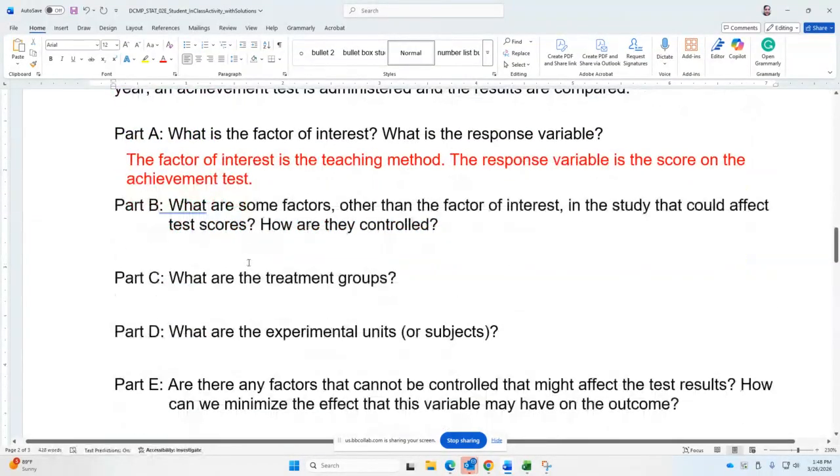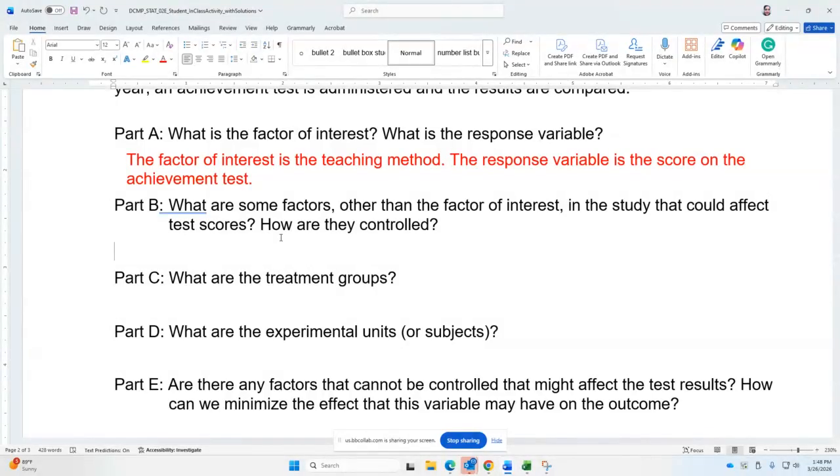So B, what are some factors other than the factor of interest, other than the teaching method? So what are some other factors, not the teaching method, in this study that could affect test scores? How are they controlled? So the first question, what could affect test scores?